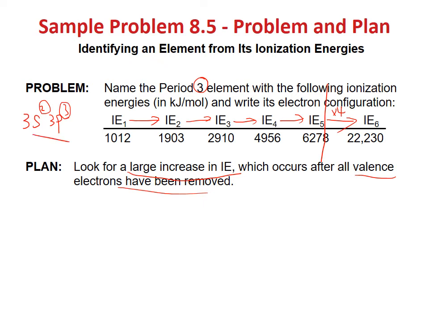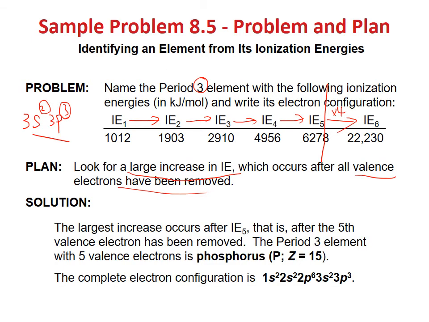And this electron configuration should be phosphorus. If we look at the periodic table, you will find it's phosphorus, and Z is 15. So the electron configuration is the core electrons up to level 2, and then the valence electrons, 3s2, 3p3.